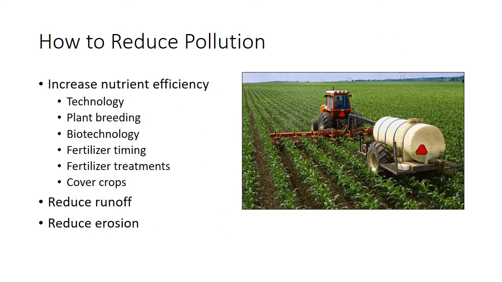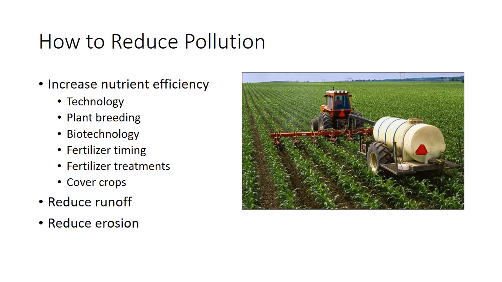So how do we reduce our pollution? So the best way is to increase nutrient efficiency. So we can use that with technology, with improved plant breeding, biotechnology. We can also time our fertilizer applications so that the time of the year when the fertilizer is in need by the plant is close to the time that we actually apply it.